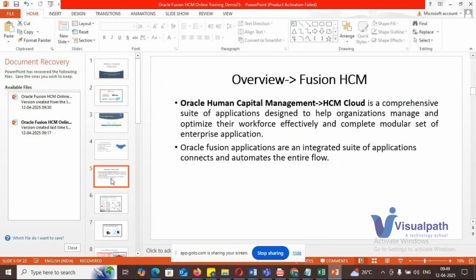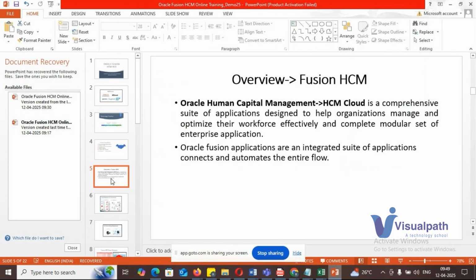Someone who belongs to HR functions knows the process, right? The hiring to retiring process, and what the functions are, how many functions are involved. Assignment, personal information, person management, and other business functions, what the job role is, right?